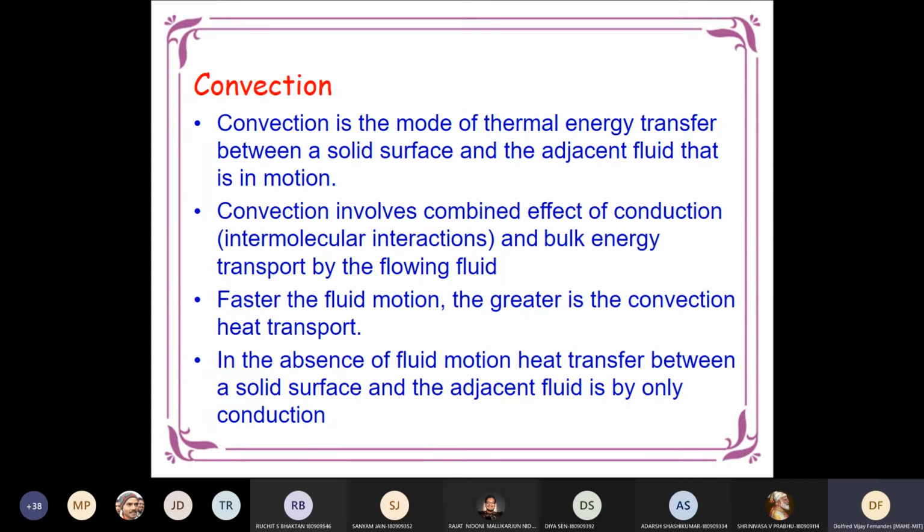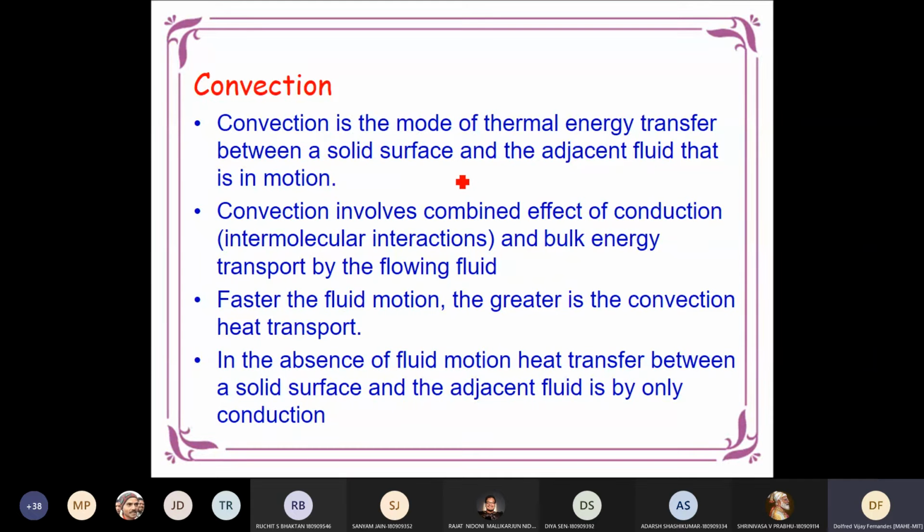Actually, if you want to estimate the convective heat transfer, you have to study the fluid flow and the velocity profiles, and then experimentally estimate the rate of heat transfer, and from that come back and obtain the heat transfer coefficient.